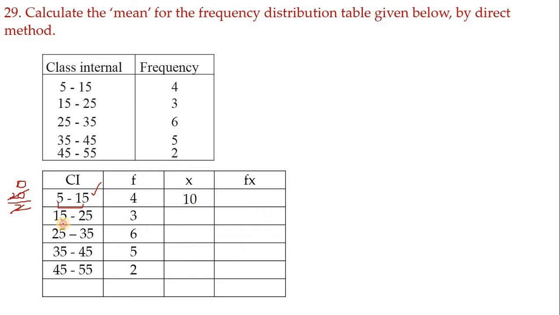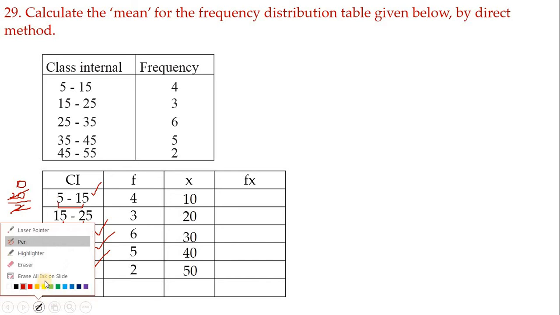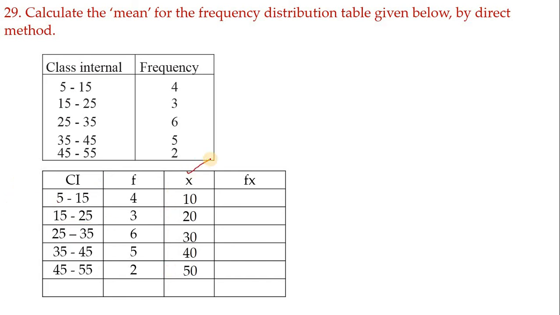Similarly for 15 and 25: 15 plus 25 is 40, 40 by 2 is 20. Similarly for this we get 30, for 35 to 45 we get 40, and for 45 to 55 we get 50. Now the x column is ready.